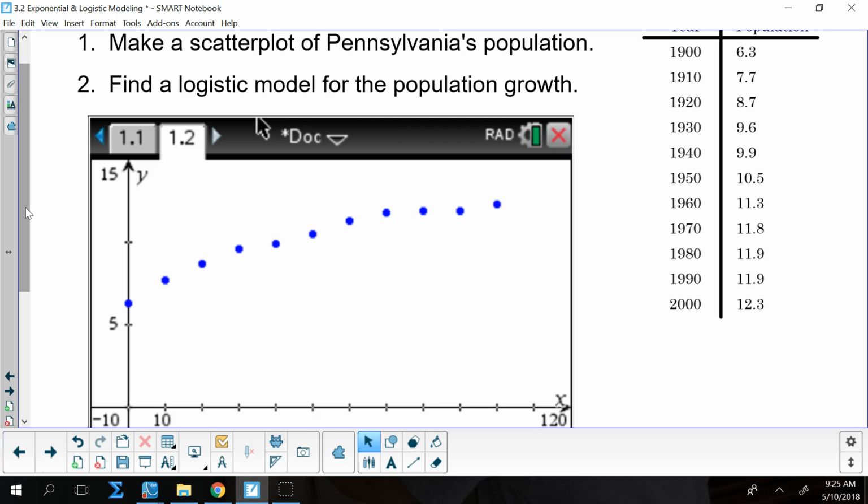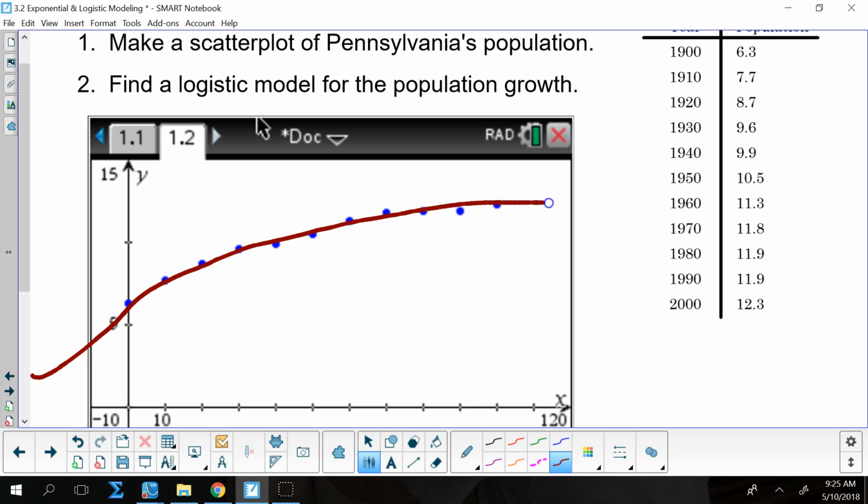Logistic? Do we agree that it's logistic? My guess here is that it probably came from down here. It grew exponentially, and now it seems to be leveling off, right?